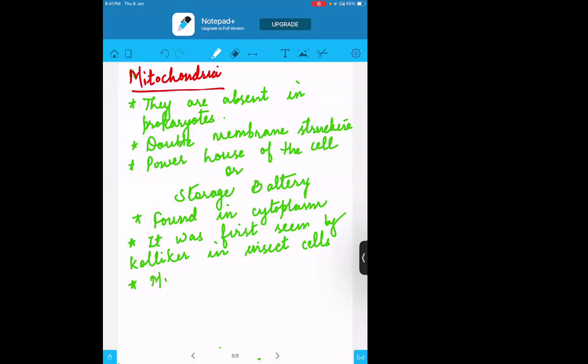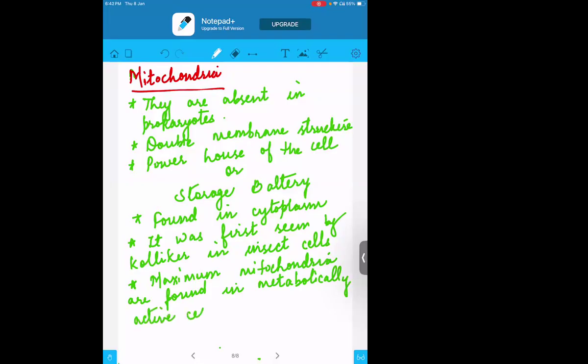When the cells get activated, then the maximum mitochondria will be seen so that they can make a lot of energy in our body. Maximum mitochondria are found in metabolically active cells.